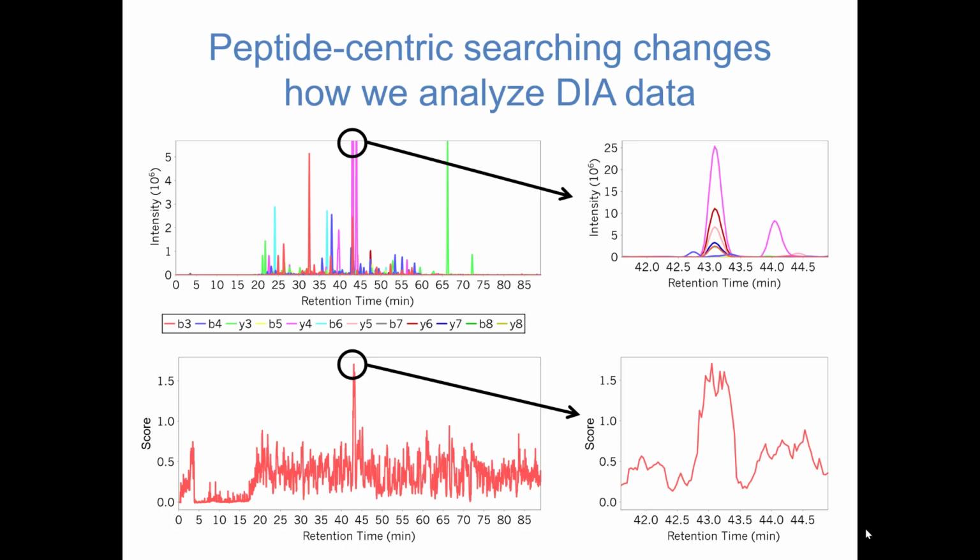From that standpoint, you can use normal sort of Percolator and other kinds of training algorithms to be able to decide what peptides are present in your sample. But the question is a little sort of backwards, isn't it?